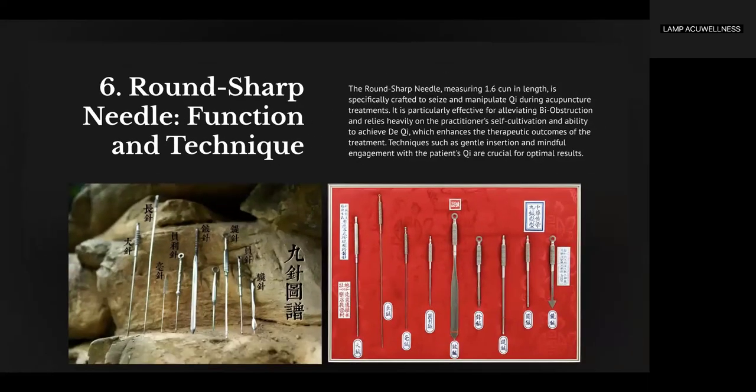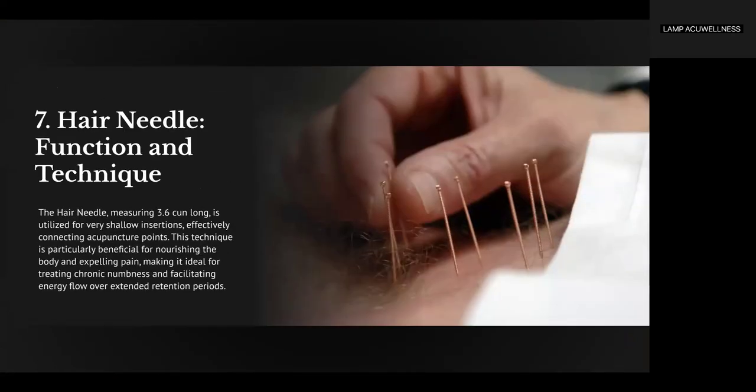The round sharp needle, measuring 1.6 tun in length, is specifically crafted to seize and manipulate qi during acupuncture treatments. It is particularly effective for alleviating qi obstruction and relies heavily on the practitioner's self-cultivation and ability to achieve de qi, which enhances the therapeutic outcomes of the treatment. Techniques such as gentle insertion and mindful engagement with the patient's qi are crucial for optimal results.